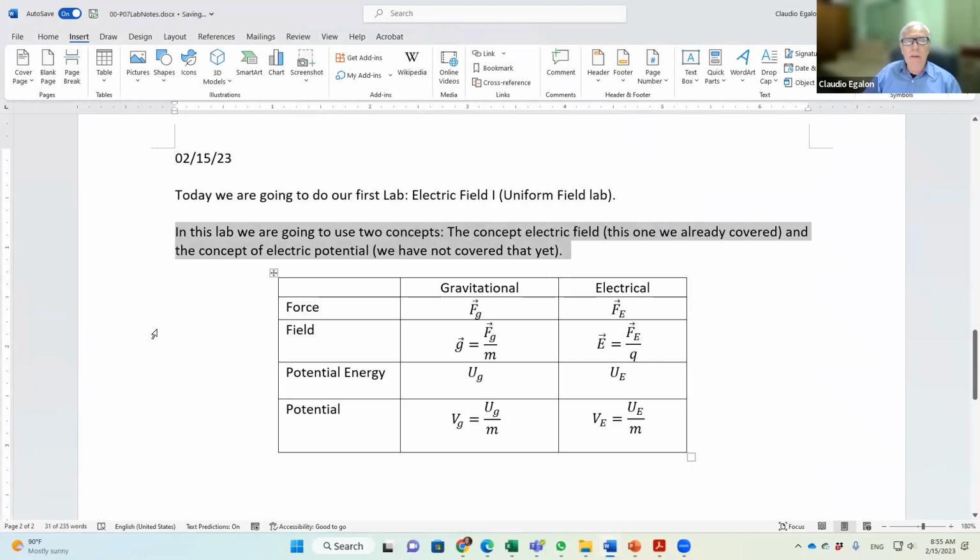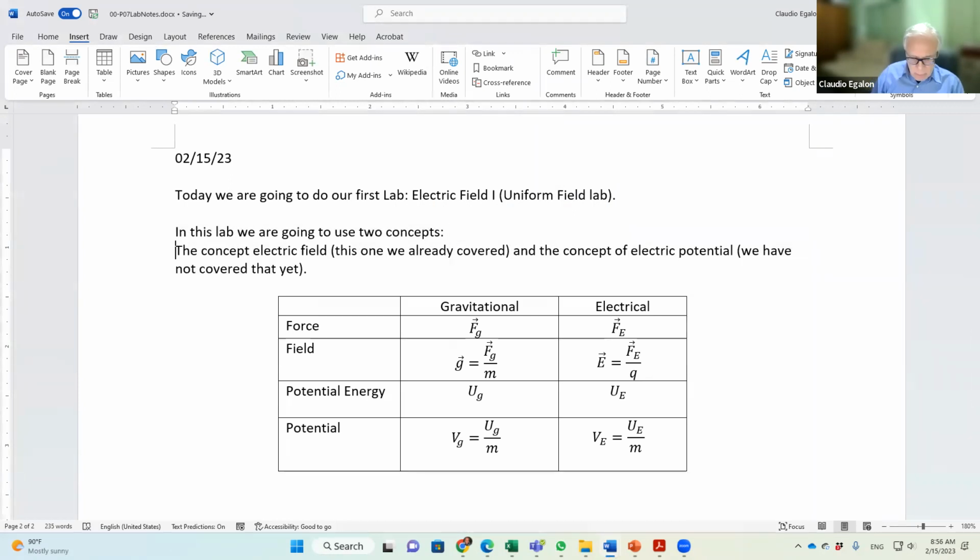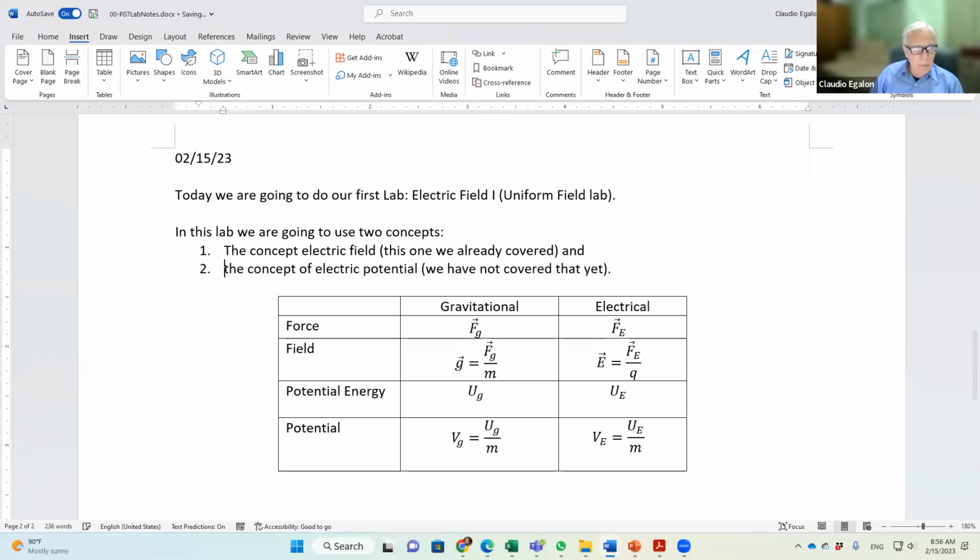In this lab, we are going to use two concepts. One is the electric field, which we already covered, and two is the concept of electric potential, which I'm going to cover quickly right now, and then we're going to go into more detail in the lecture.